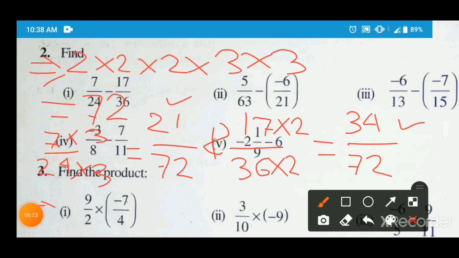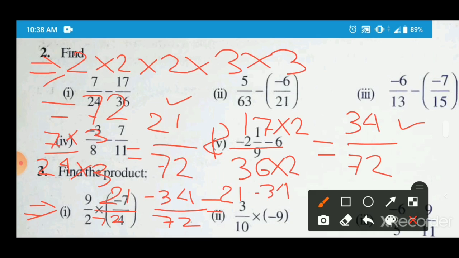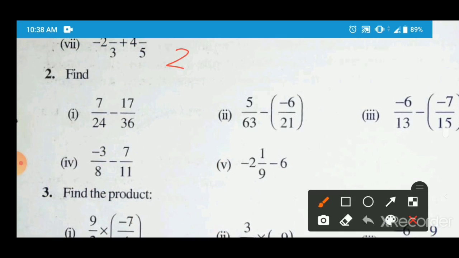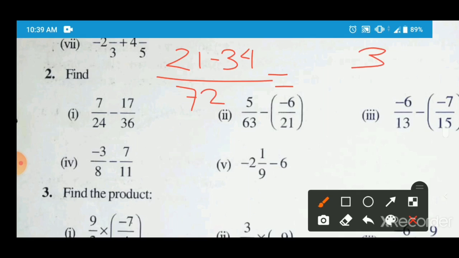Now we do the subtraction. So we can write here 21 minus 34 upon 72. Now 21 minus 34 upon 72: it is plus minus minus, so we subtract 21 from 34. 4 minus 1 is 3 and 3 minus 2 is 1, so it is 13 upon 72.